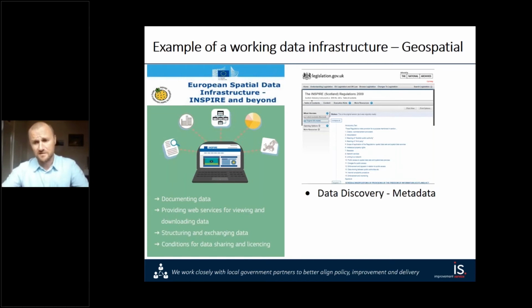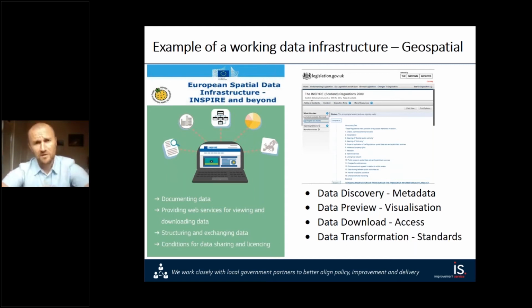So that's metadata records about the data hosted somewhere online that everyone can find. It's about allowing data previews, allowing people to visualize data before they actually plow in and start using it. And it's also about downloadable data, making data far more accessible and easier to get your hands on.